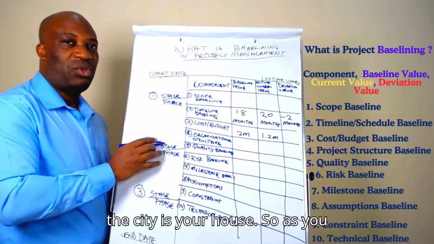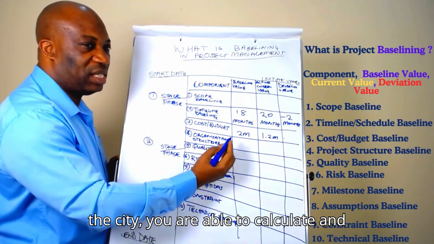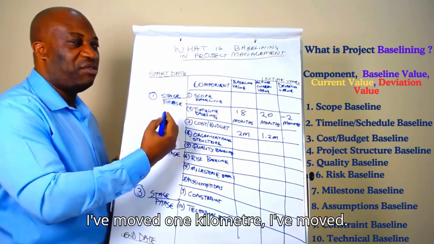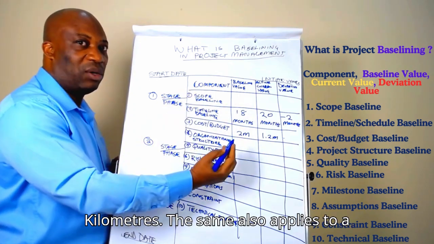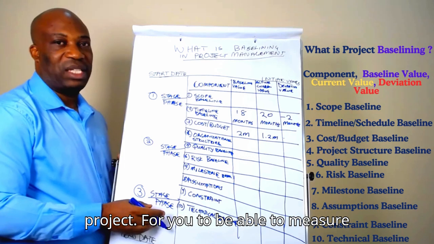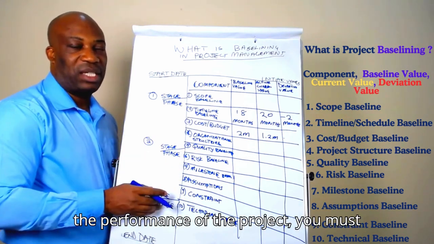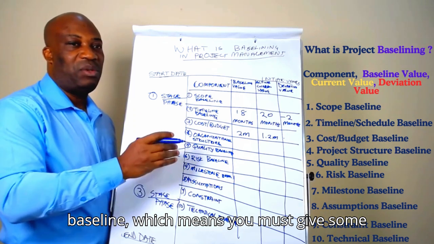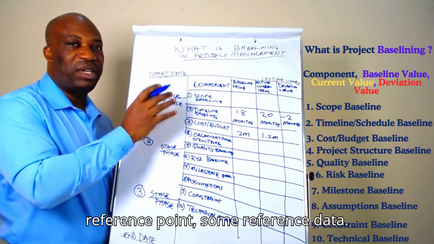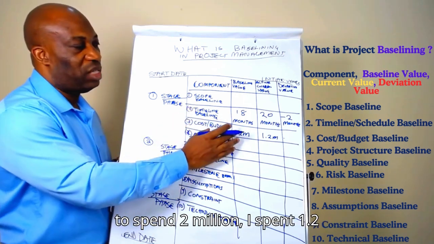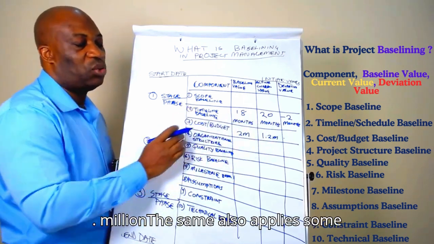So as you move from your house all the way up to the city, you are able to calculate and to show that I've moved 2 kilometers, I've moved 1 kilometer, I've moved 3 kilometers. The same also applies to a project. For you to be able to measure the performance of the project, you must baseline, which means you must give some reference point, some reference data. You are able to say, now I was supposed to spend 2 million, I spent 1.2 million.